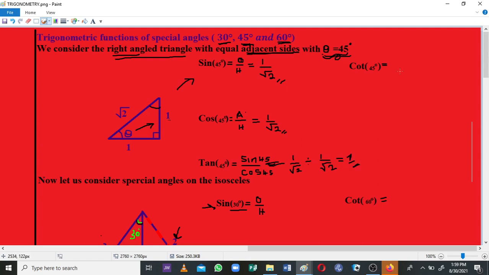We can also calculate cotangent. We know that cotangent is equal to cos 45 over sine 45.